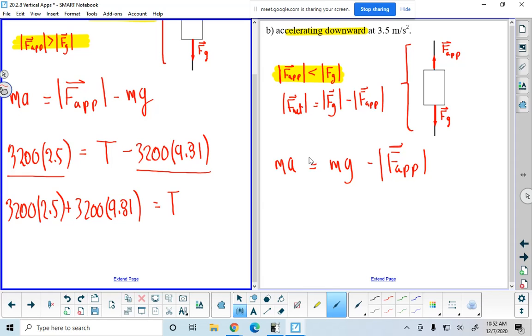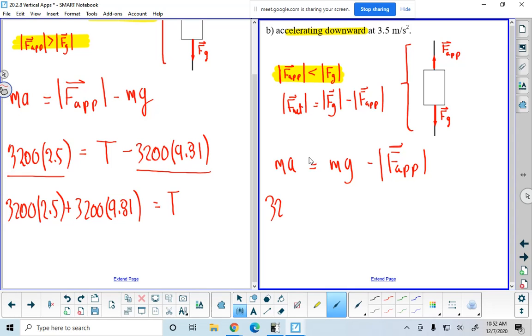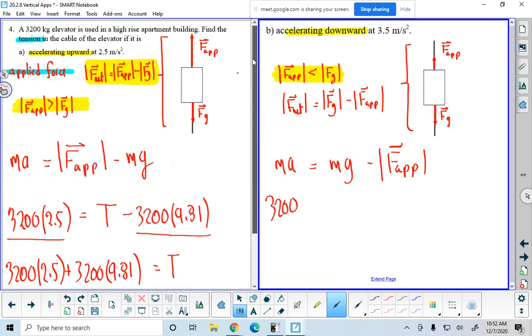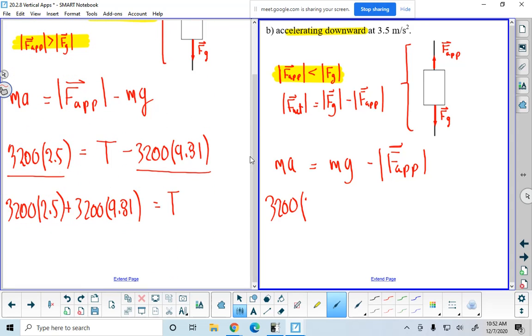The next one would be 3,200 times the acceleration. The second one is 3,200 times 3.5 equals 3,200 times 9.81 minus the tension in the cable. So when we solve this for the tension in the cable, right now it's negative.